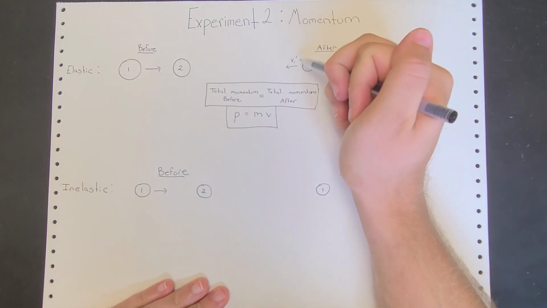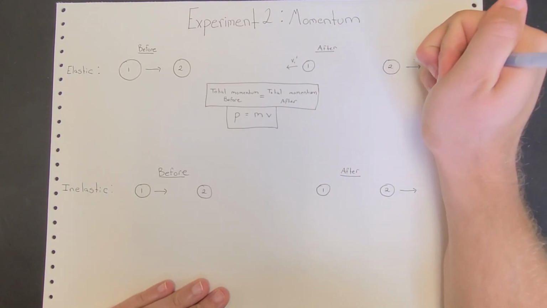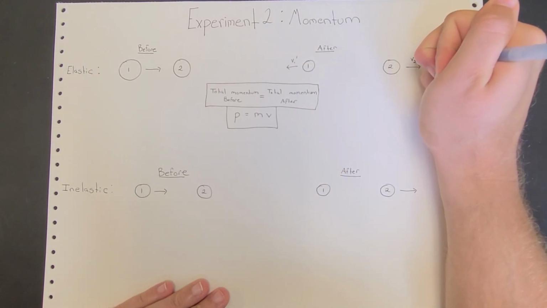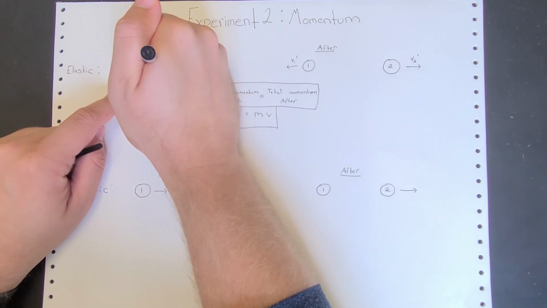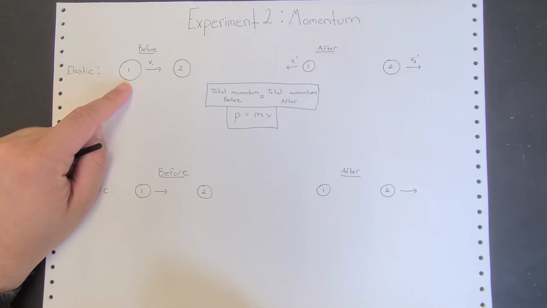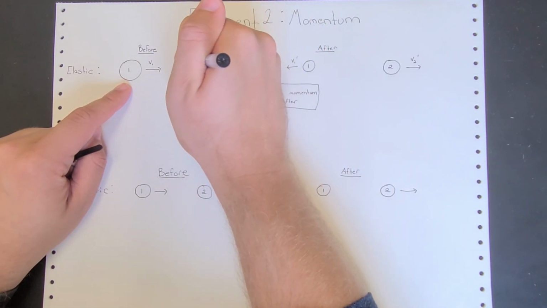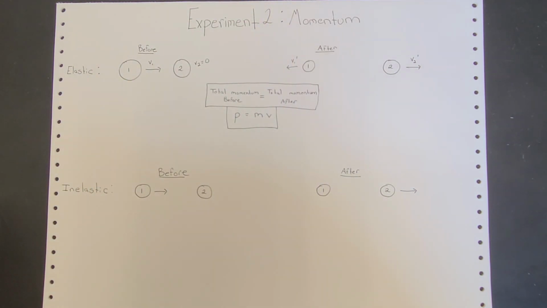With this prime, we're denoting that it means it's after the collision, and then ball 2 will be traveling with some velocity v2 prime. Initially ball 1 is traveling with velocity v1, and ball 2 has a velocity v2, but that velocity is equal to 0 because it's not moving.